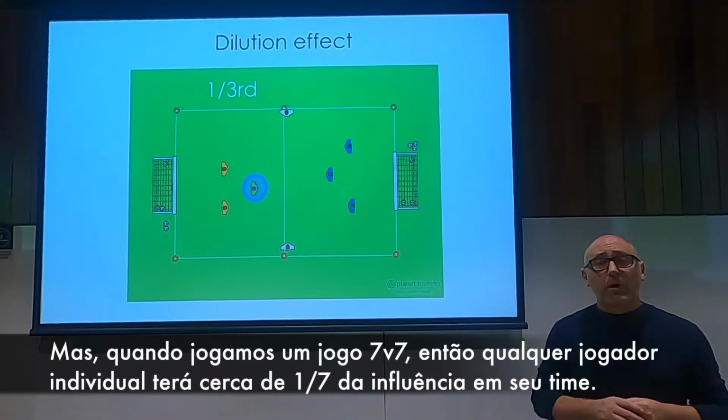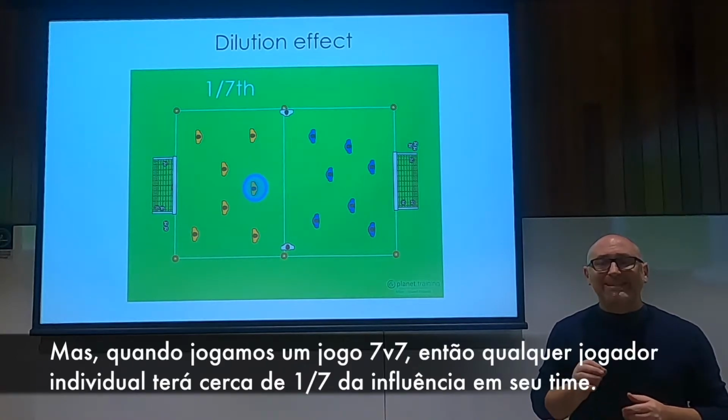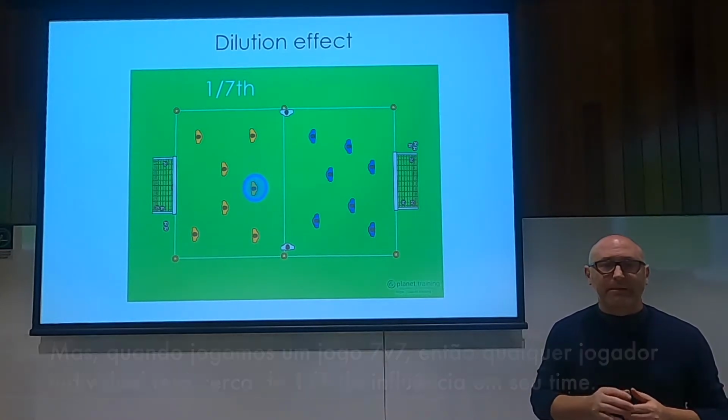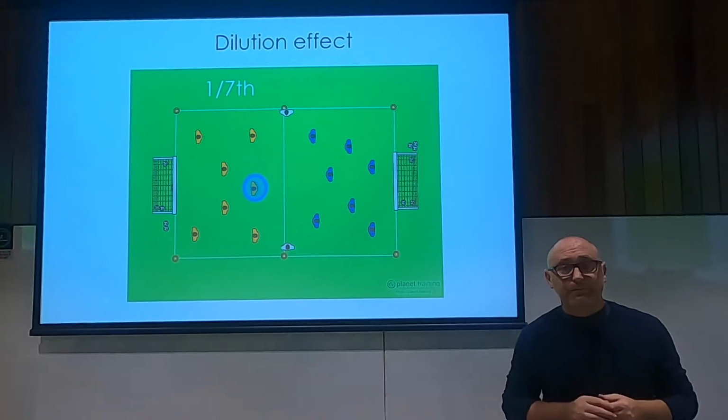But when we play a 7v7 game, then any single player will have around 1/7 of the influence on their team. The individual's influence on a game will become more diluted.